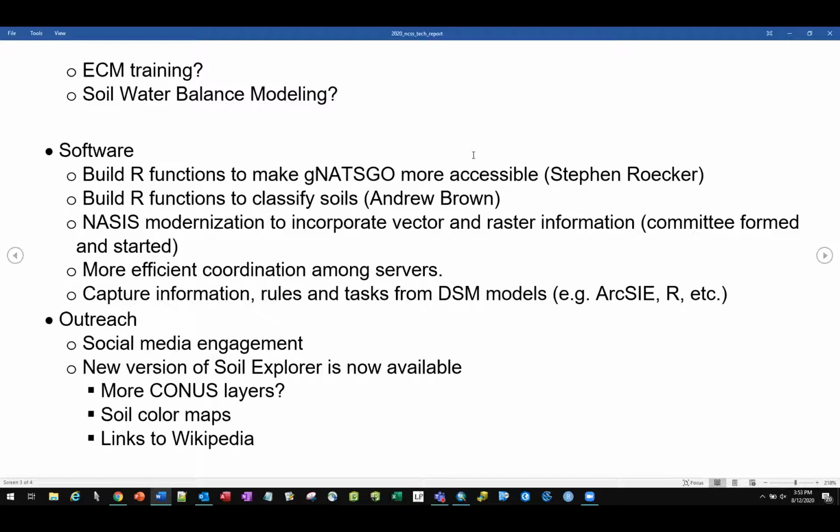We need to capture the information, rules, and tasks for DSM models. Tasks is new in ArcGIS Pro. You can create a task which automatically runs through a whole series of steps. It's kind of like the model, but it's a step above that, saying do this model, then do this process, do that process.